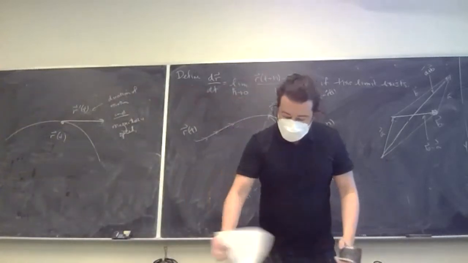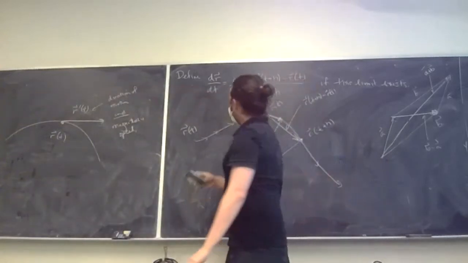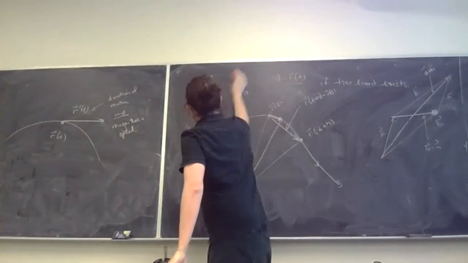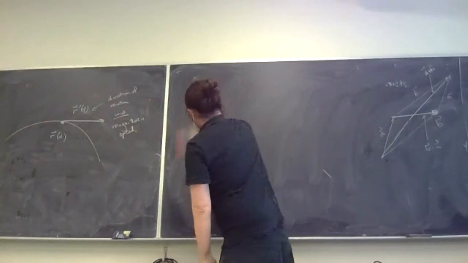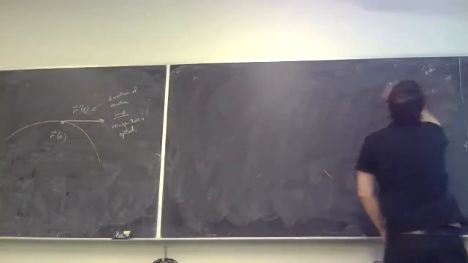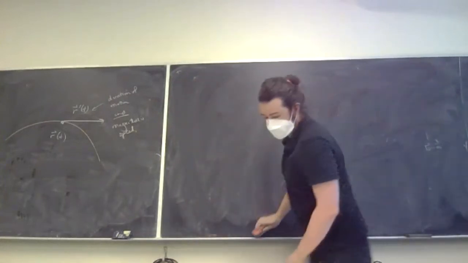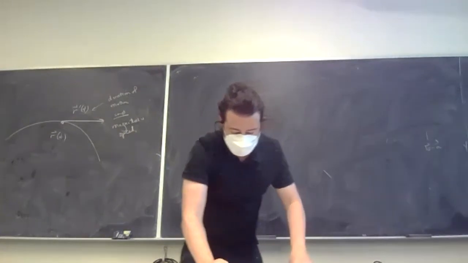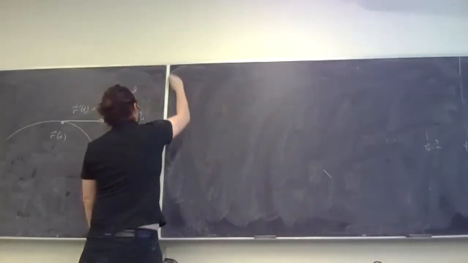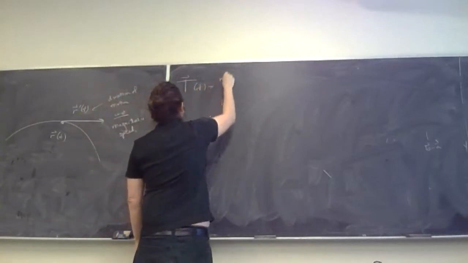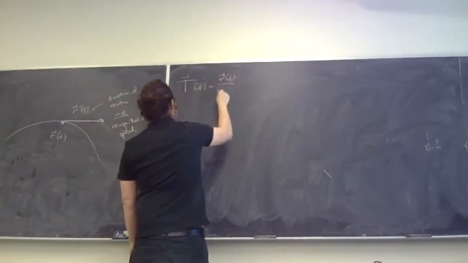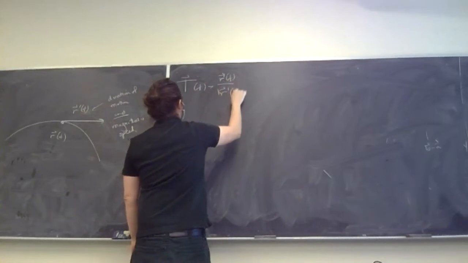All right, so as they define this, I'm going to write something down on the board, and I want somebody to tell me why they do it. They define this special quantity: capital T of t is equal to R prime of t divided by the magnitude of R prime of t.